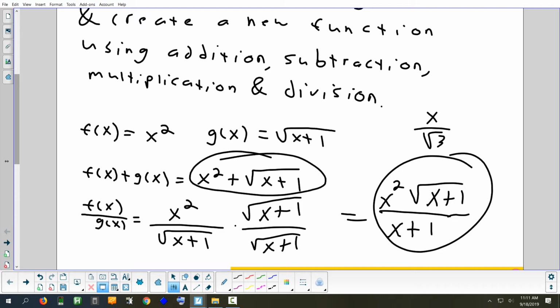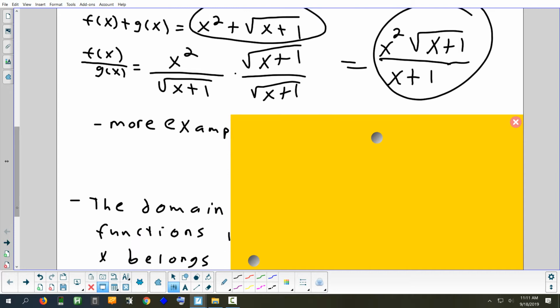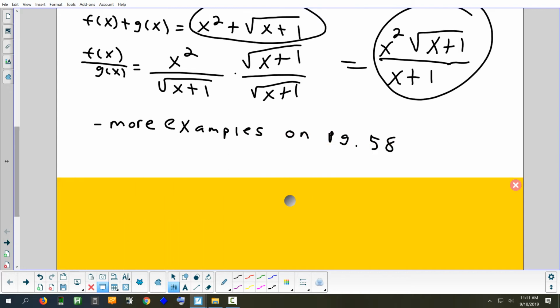So that one had a little bit of extra work because of the square root in the bottom. But any questions on how we created this new function? So first time we added them, second time we divided them. In a problem like this, they'll tell you what the two functions are they want you to combine. There's more examples in your book on page 58.